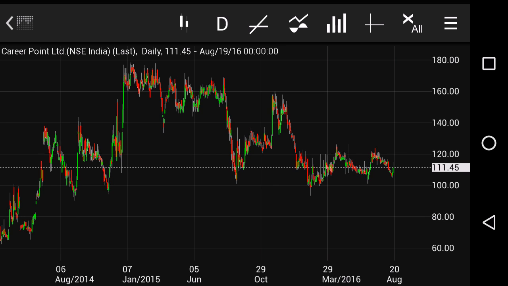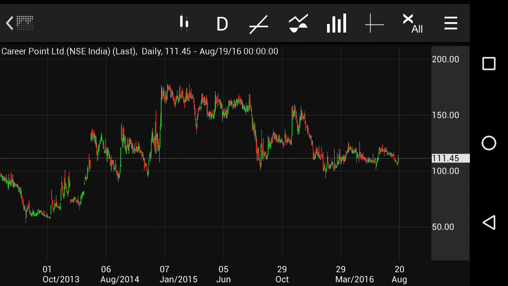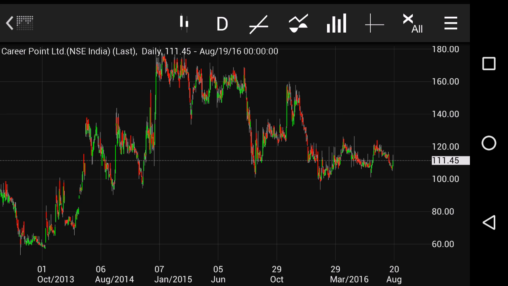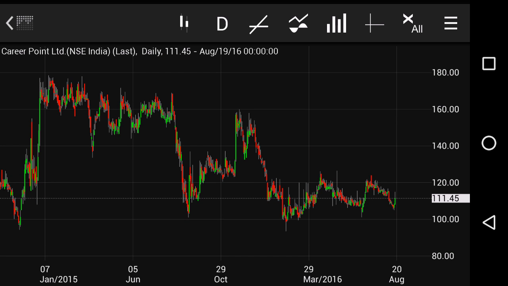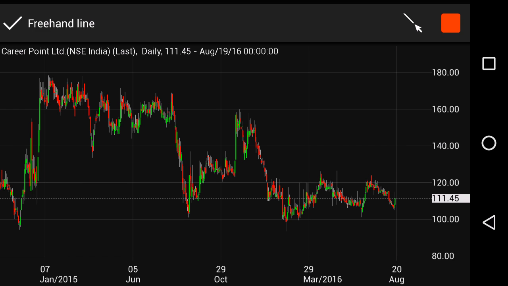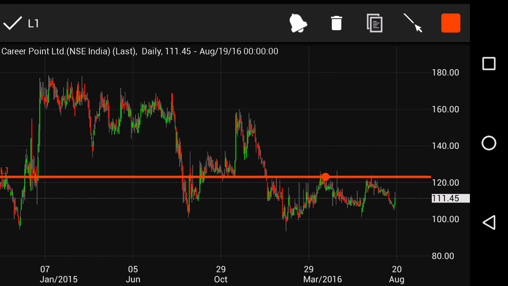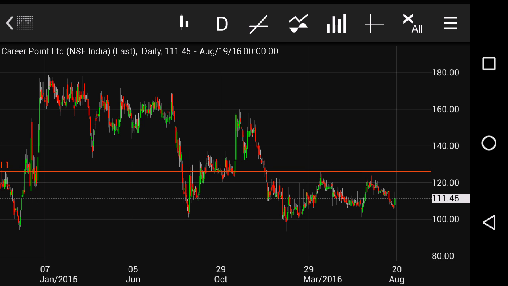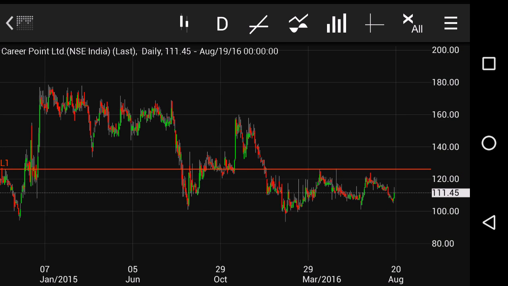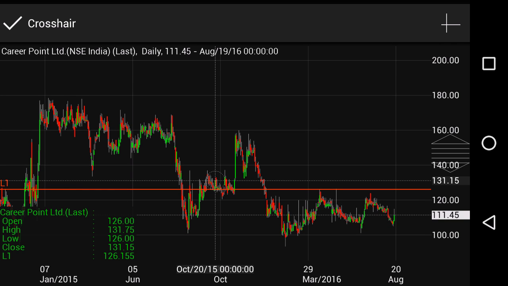There is no pattern developing on this stock. It's going down while the market is going up. Still, if you want to keep a track on the stock, you can put an alert out here. Stock will start to reverse when it starts going above 126.